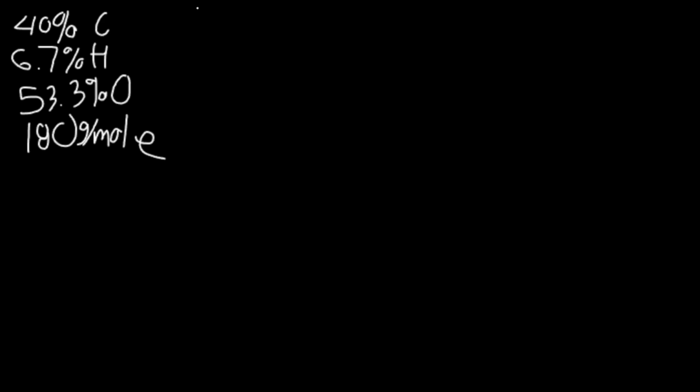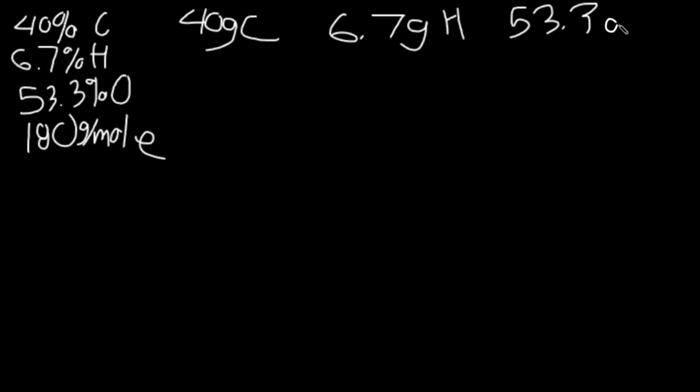So we basically turn 40% carbon into 40 grams of carbon, 6.7% hydrogen into 6.7 grams of hydrogen, and 53.3% oxygen into 53.3 grams of oxygen.